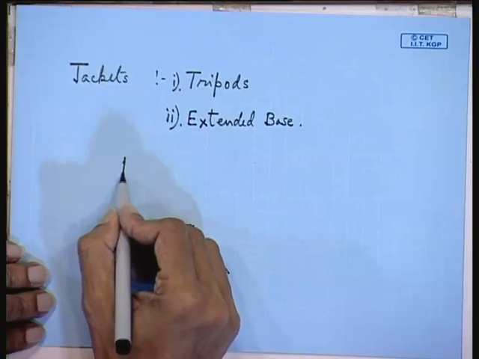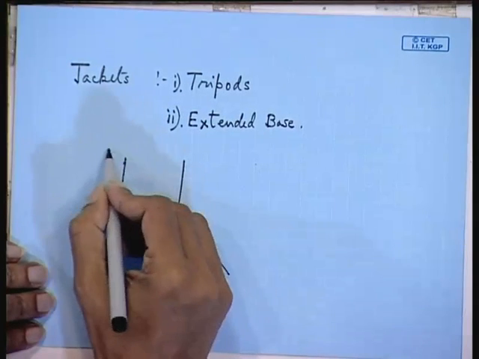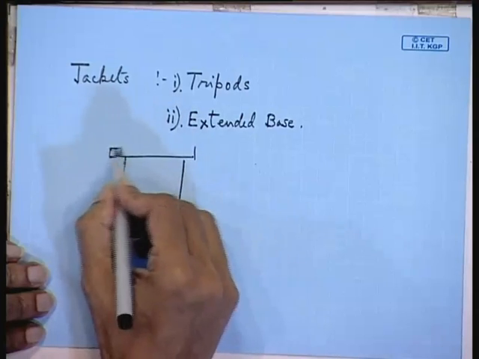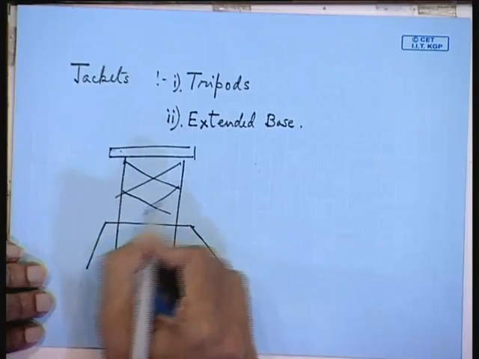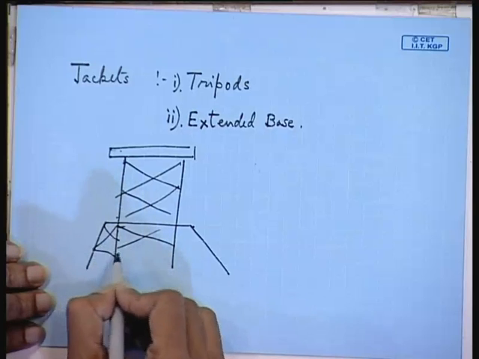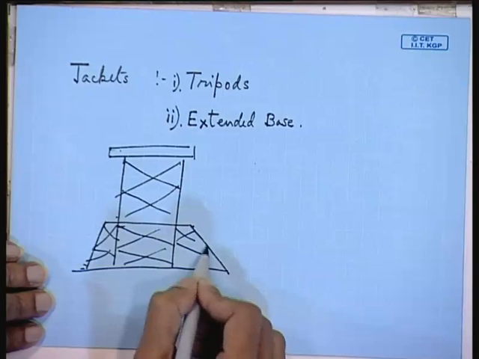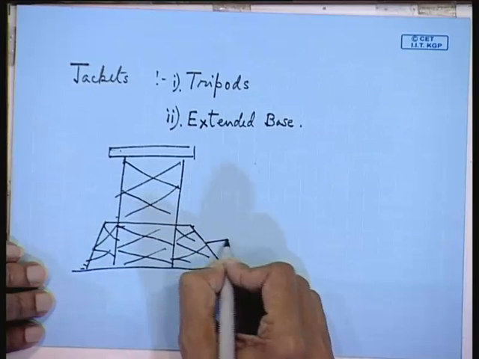So, you can build your truss. So, this is your deck, and you can connect it to an extended base. This is called an extended base platform.